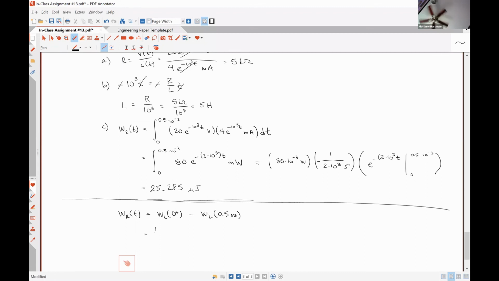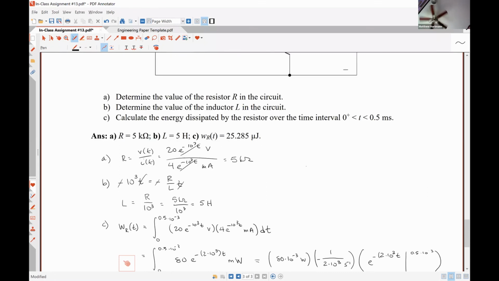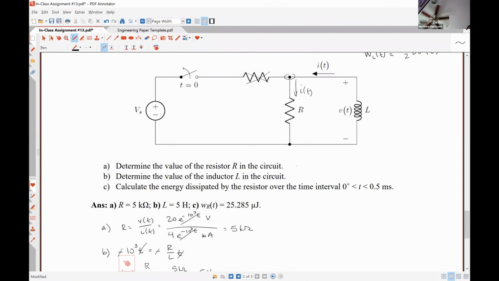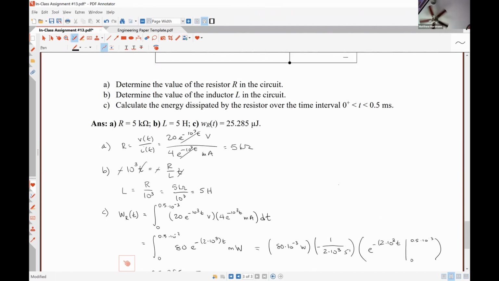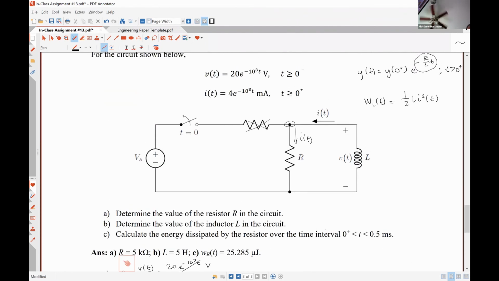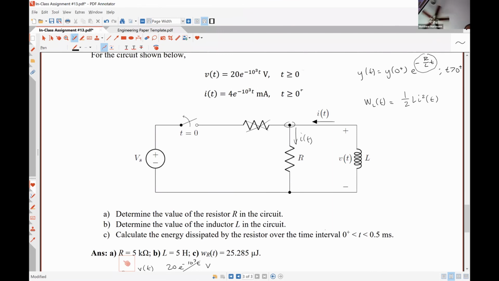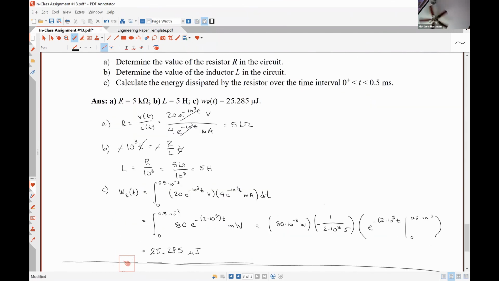So we would have 1/2, what's L here? 5 henries. And let's see, I at 0 is going to be 4 milliamps.